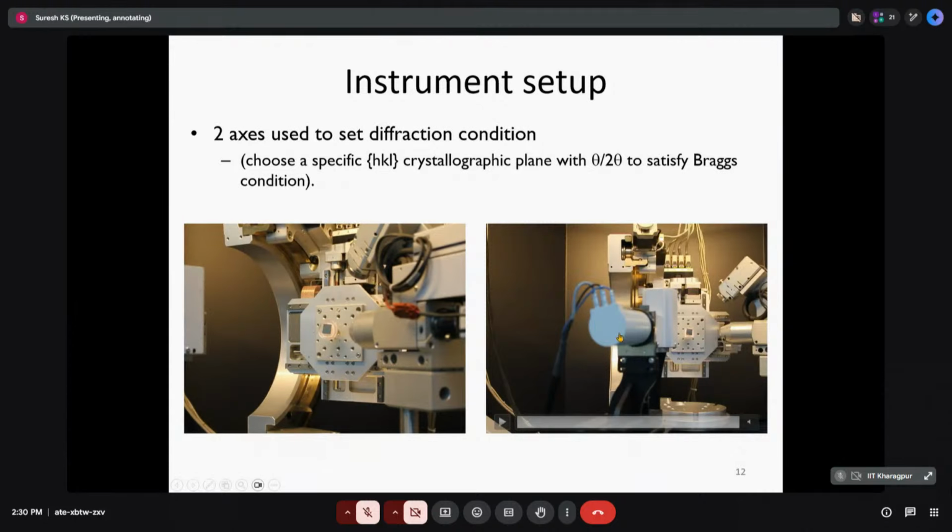In this particular setup, the source is fixed, the sample rotates at an angle of theta, and the detector rotates at an angle of 2 theta with respect to the constant source. Such diffractometers are called theta-2theta diffractometers.